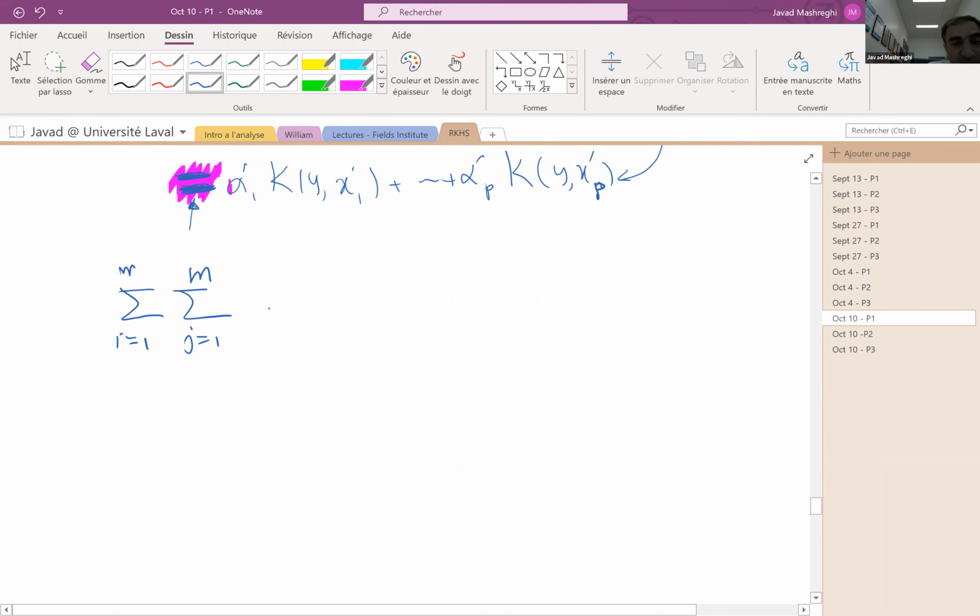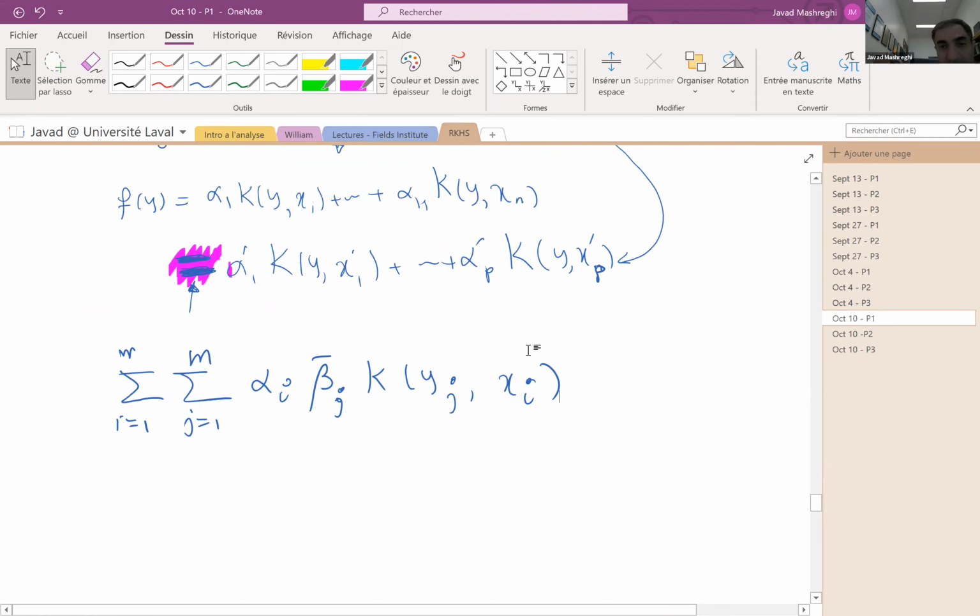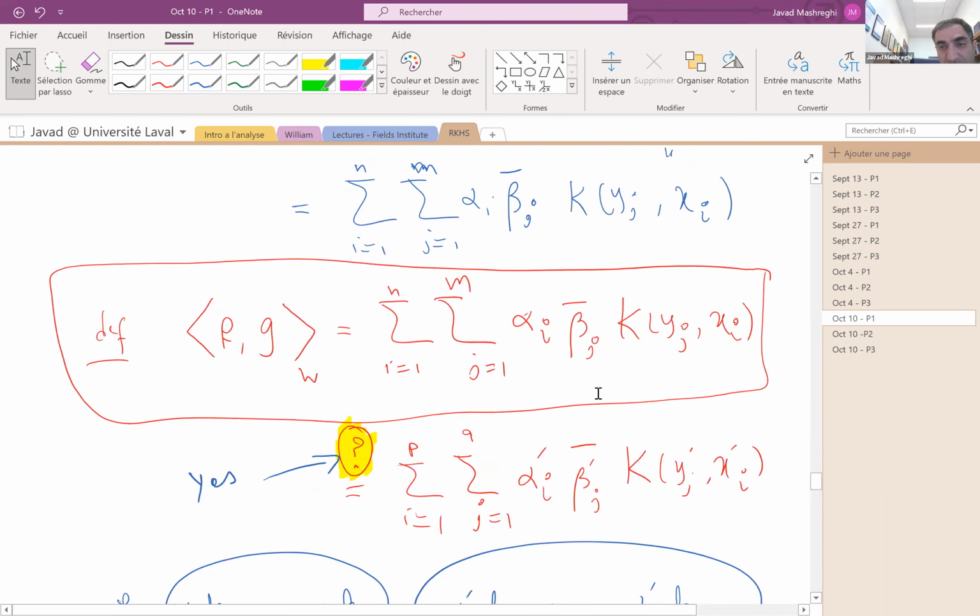I have to be very careful here not to mix the different indexes that we have. K, yj, xi. That's the combination I have here as my initial definition with the representation I chose, but I should show that for any other representation, I obtain the same number.